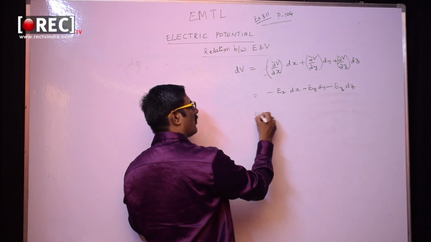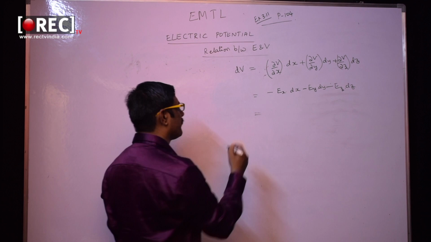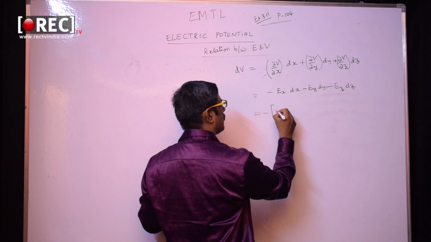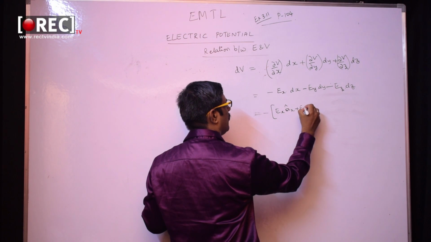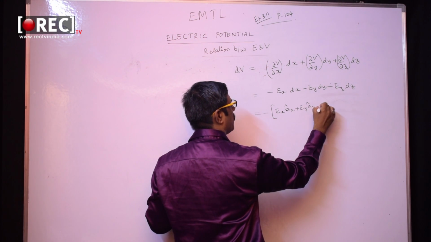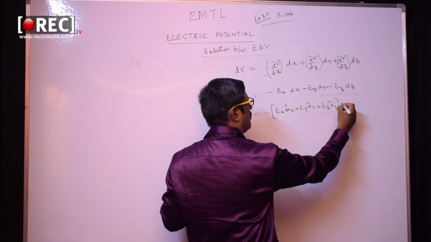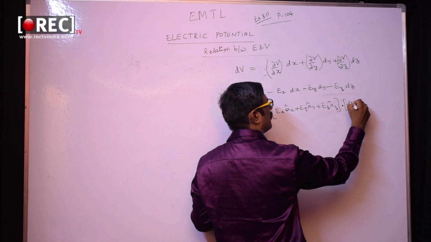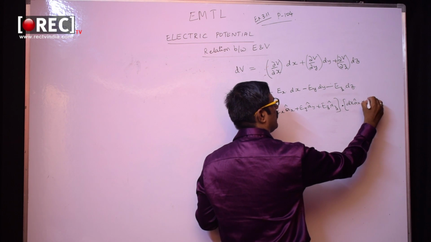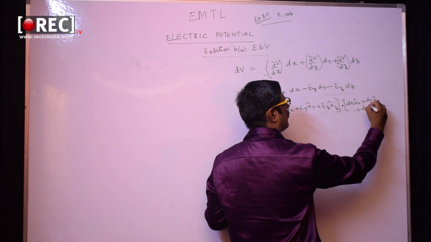This dot product I can as well represent as minus of (Ex ax cap plus Ey ay cap plus Ez az cap) dot (dx ax cap plus dy ay cap plus dz az cap).